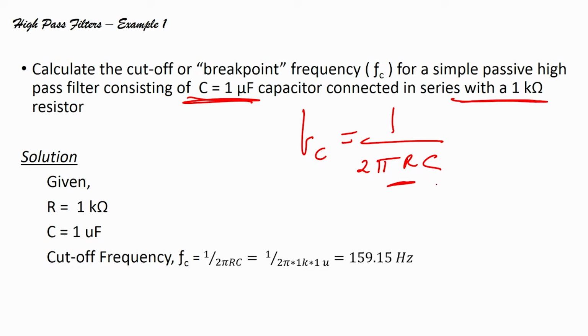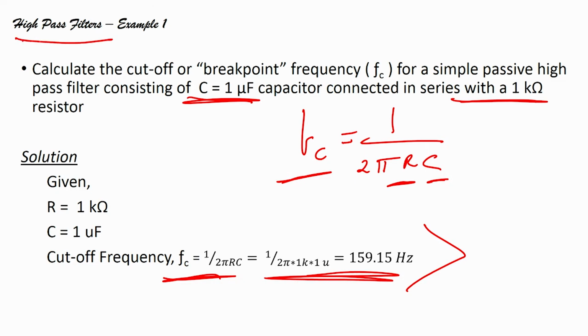I have value of R, I have value of C, so I can find the value of FC, right. So, my critical frequency or cutoff frequency FC is nothing but 1 by 2 pi RC, which is equivalent to 159.15 hertz. So, this is how I can calculate the cutoff frequency of the high pass filter.